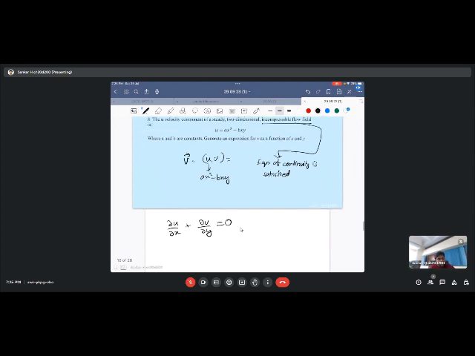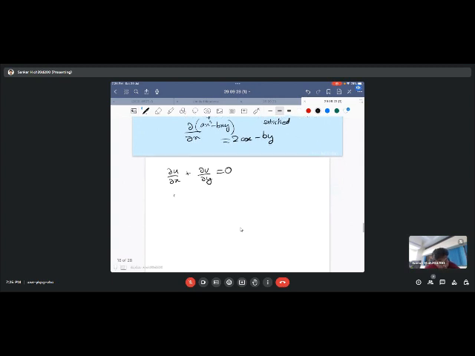So therefore, dou u by dou x is just a differential of u with respect to x, which is 2ax minus by. And we can substitute that here, such as 2ax minus by plus dou v by dou y should be equal to 0.